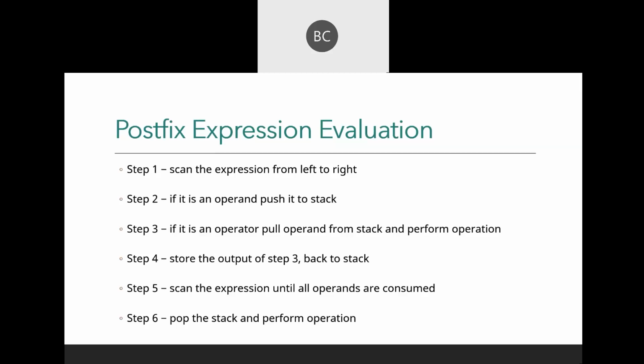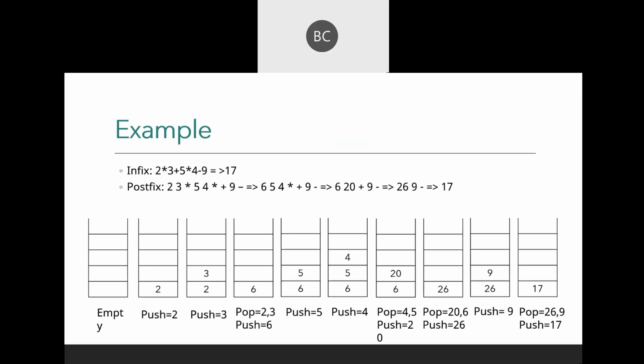You write the expression in normal notation, but the compiler reads it in a postfix way and stores it in a stack. The compiler scans the expression from left to right. If it is an operand, it pushes it to the stack. If it is an operator, it pulls operands from the stack and performs the operation. Let's see the example.